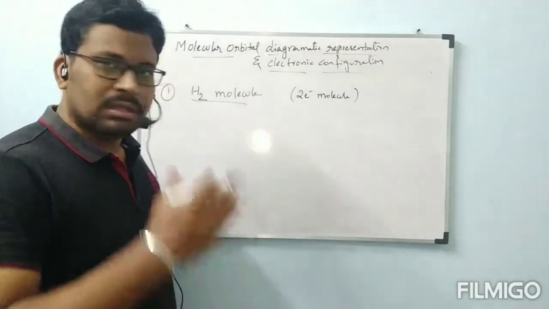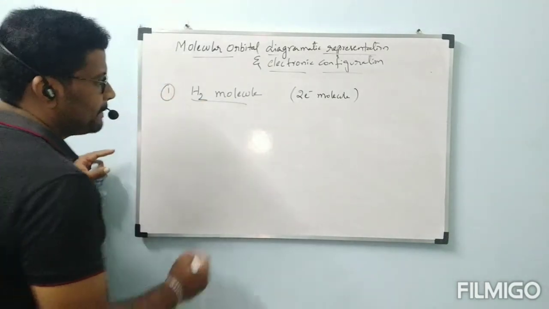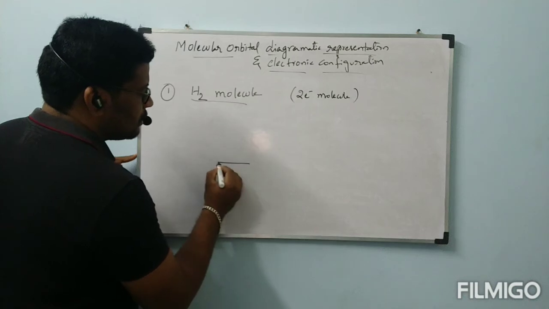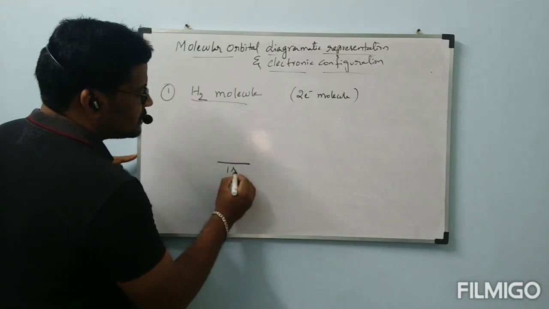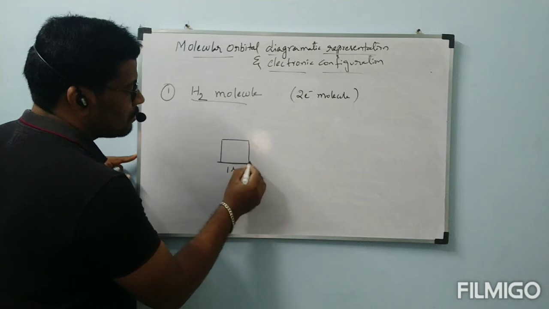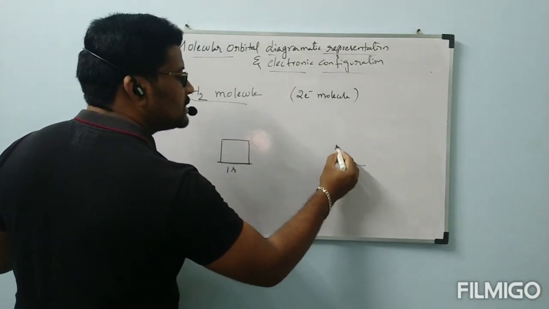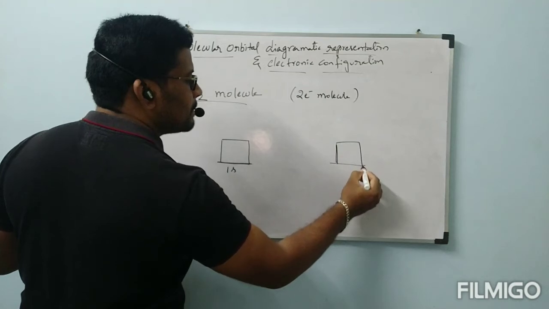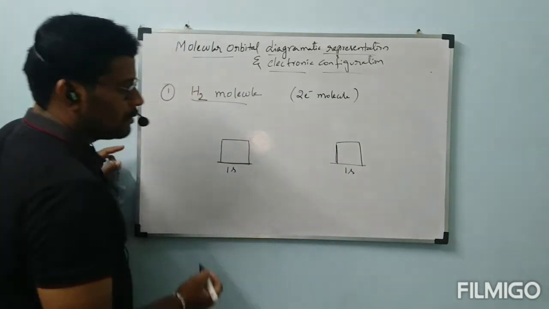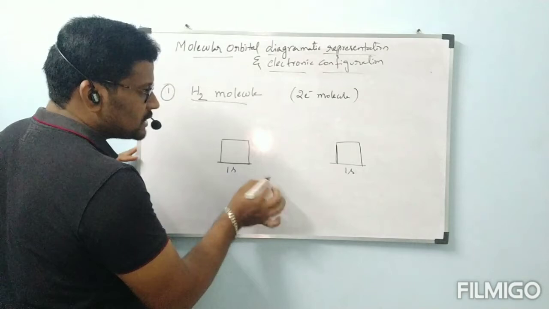We don't need that many orbitals. Simply we will write, see here, all of you. This is 1s of the first H atom. This is 1s of the second H atom. These two will undergo constructive interference and destructive interference.